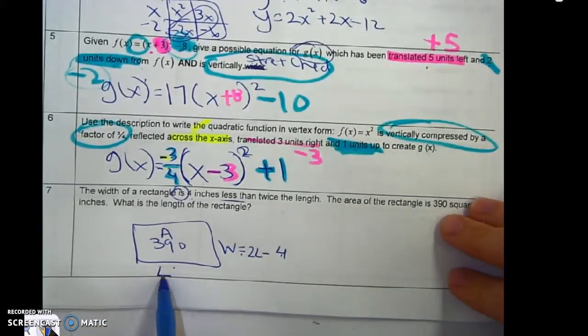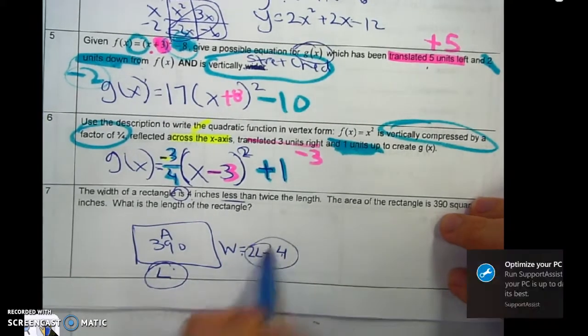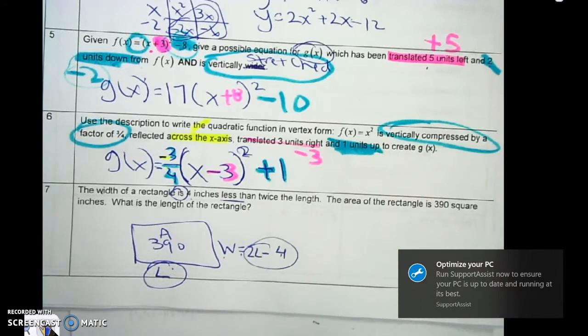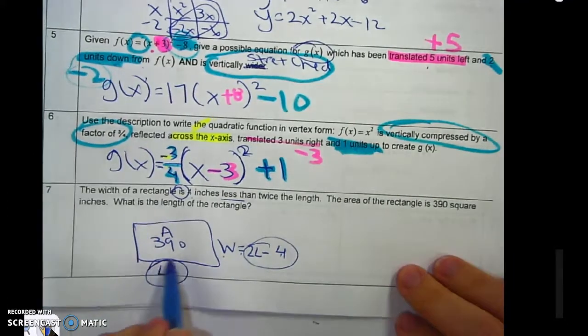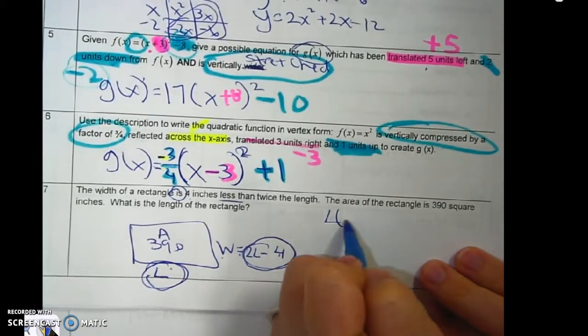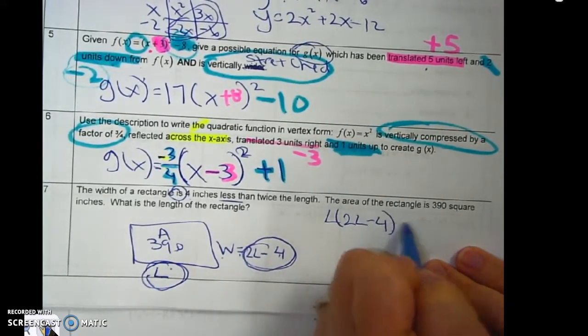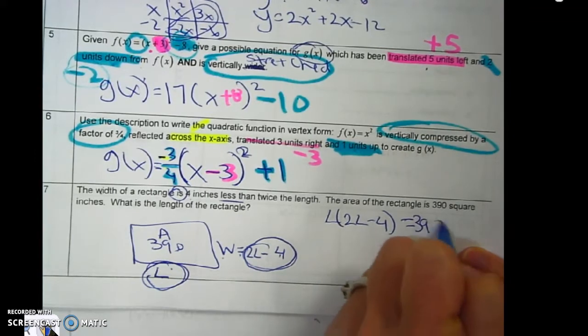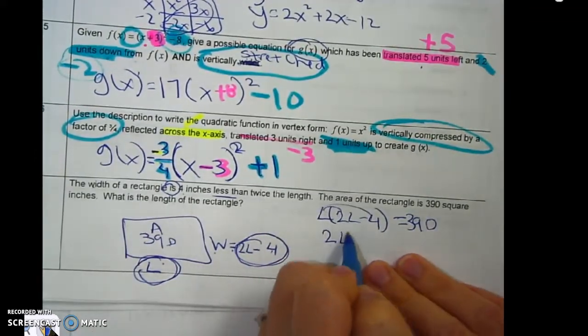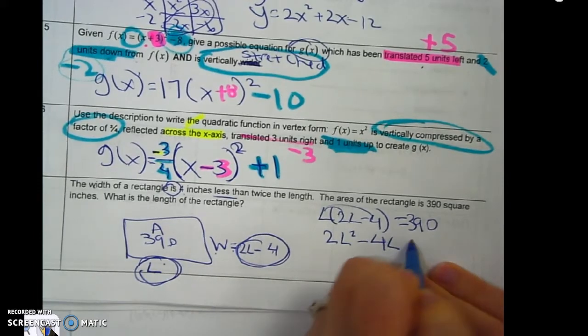So I know to figure out the area, it's this side times this side. If I just go length times width equals 390, I'm not going to try to find my answer. So this time I go length times this equals 390. So L times 2L minus 4 equals 390. Distribute. 2L squared minus 4L equals 390.